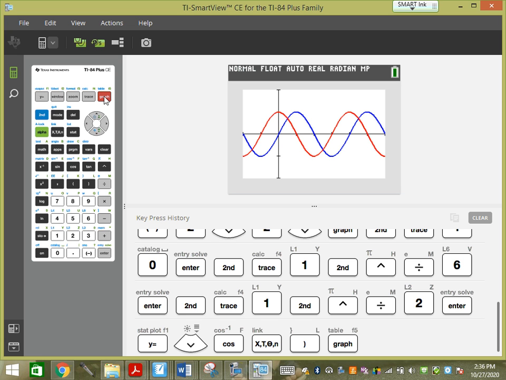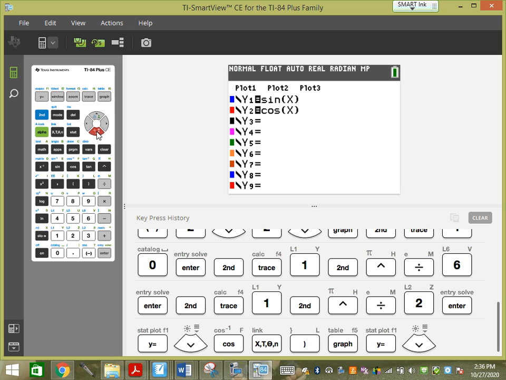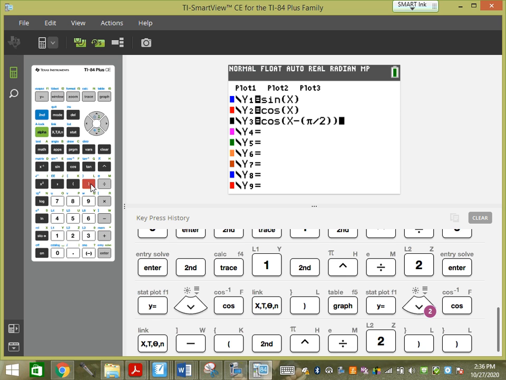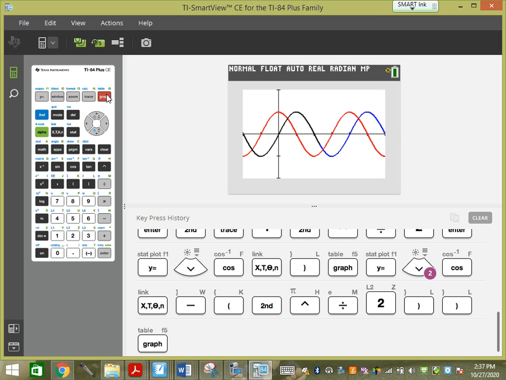That's what I said, right? So let's see. I'm going to subtract pi divided by 2 because I want to move it to the right. It draws right over top of the sine graph, doesn't it?